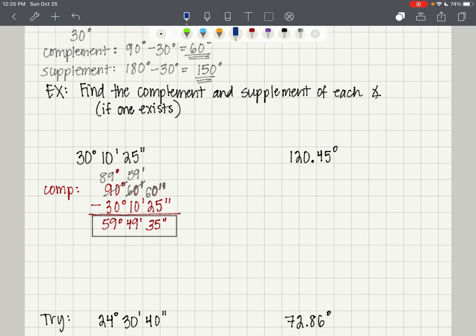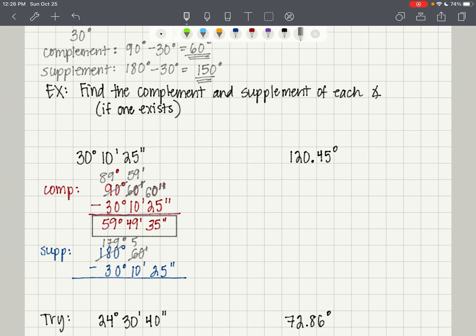Let's find the supplement. So the supplement is going to be 180 degrees minus 30 degrees, 10 minutes, 25 seconds. Once again, we're going to borrow a degree to give us 60 minutes.